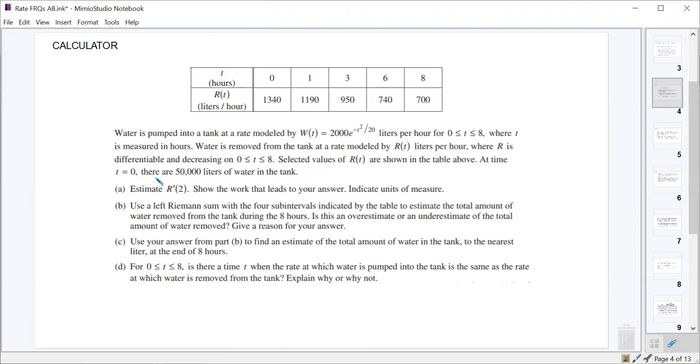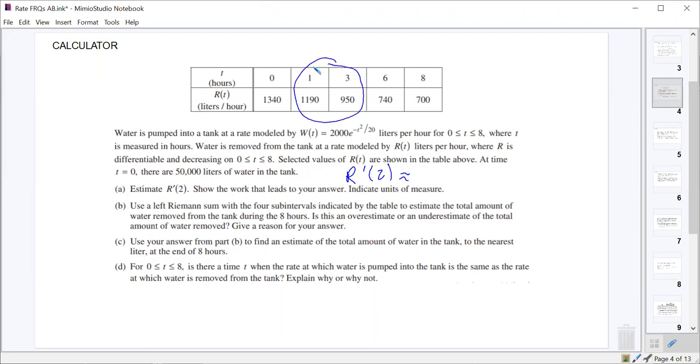So the first thing it wants us to do is estimate R prime of 2. To estimate the derivative of R without having a function that represents R, the best way is an average rate of change, or a slope. So R prime of 2 is approximately equal to the average rate of change between 1 and 3.